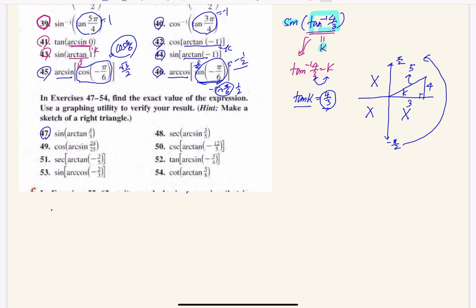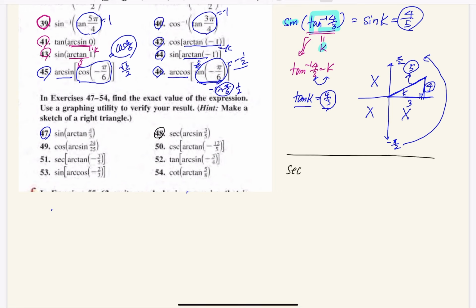So this expression is equal to sine K, right? Look at this right triangle in the first quadrant. Sine K is opposite over hypotenuse, 4 over 5. So 4 over 5 is the answer. Let's try one more question. 48.